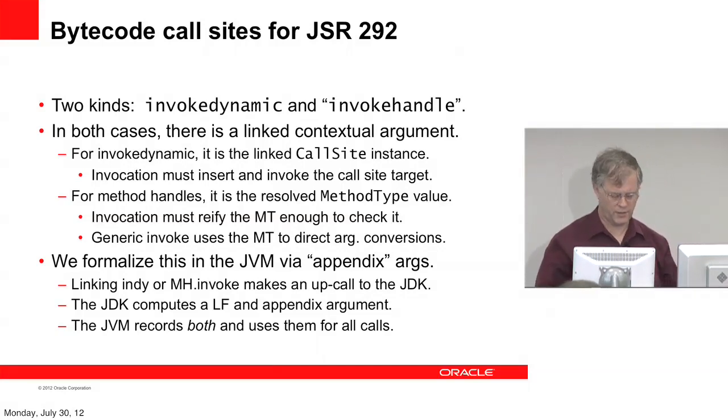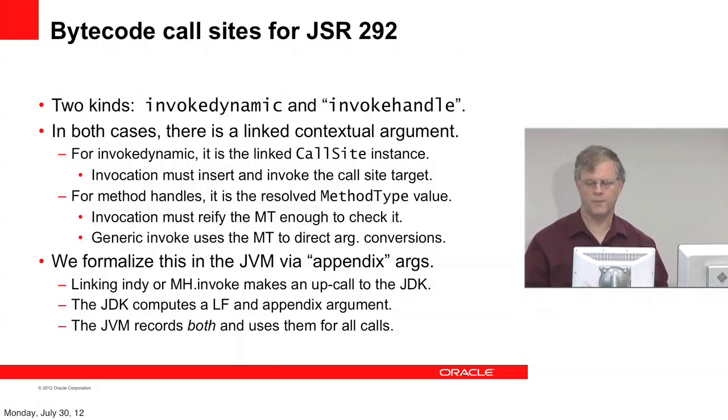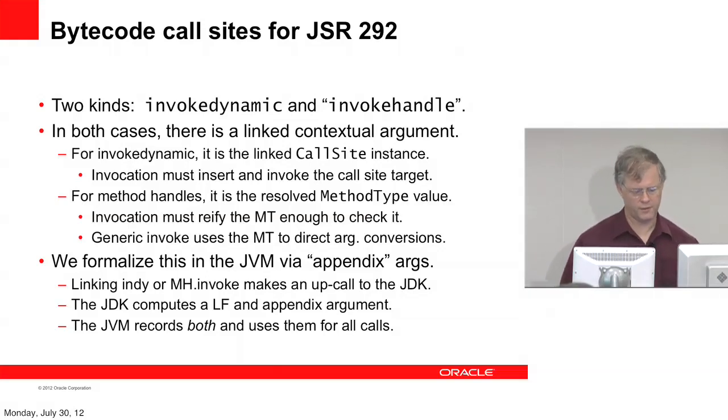This gives us the ability, for example, to invent new kinds of invoke modes, like invoke partial for binding of bound method handles. And that kind of thing can probably be done, haven't done it yet, but probably be done with little or no additional VM modifications just by JDK code.